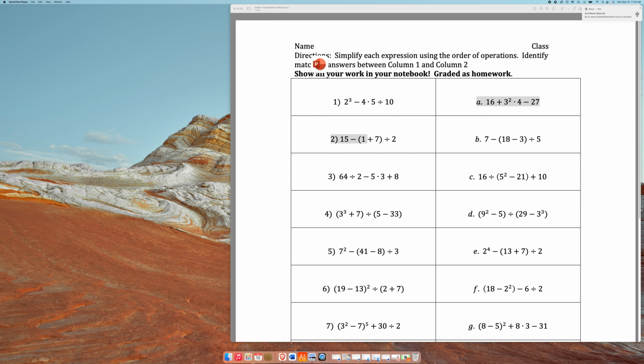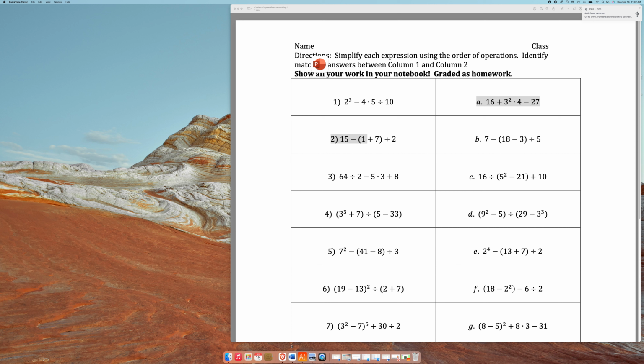Let's go to 5. 5 is 7 squared minus the parentheses 41 minus 8, divided by 3. So, order of operations tells us we have to take care of the parentheses.